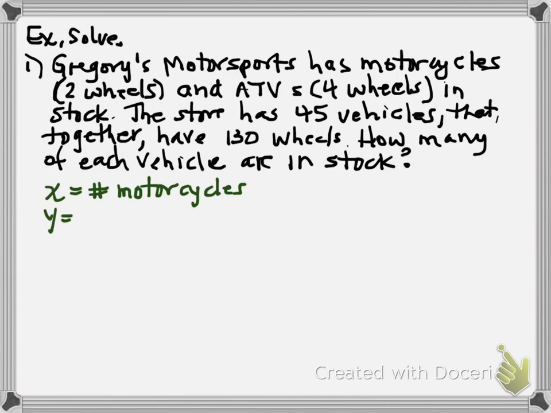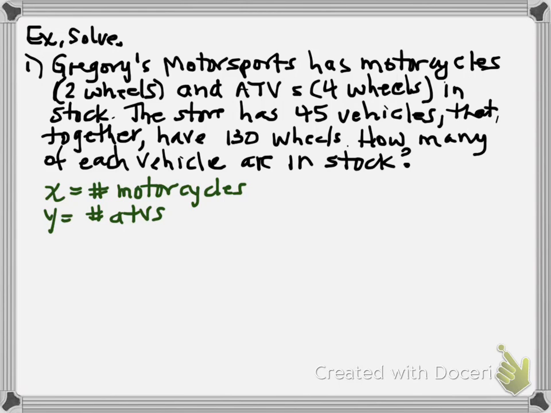And Y is going to represent the number of ATVs. Okay, so how would I write an equation that deals with the fact that there's 45 vehicles altogether? What kind of equation would I write?